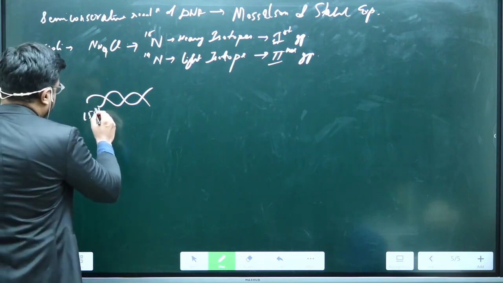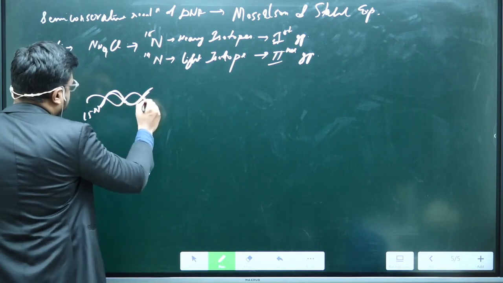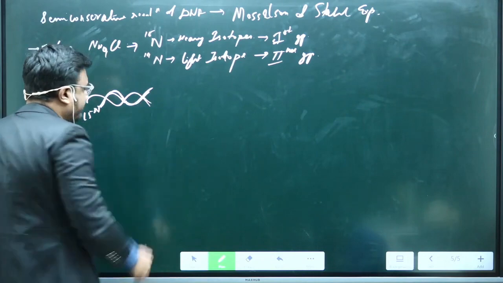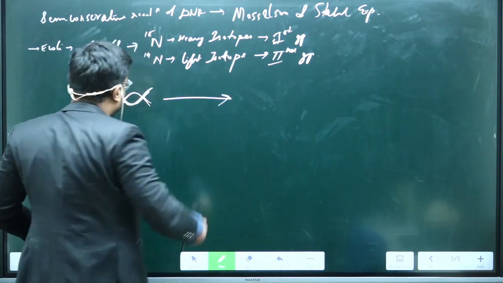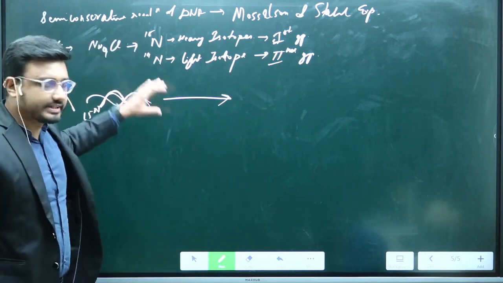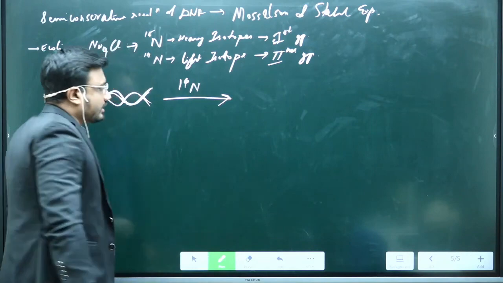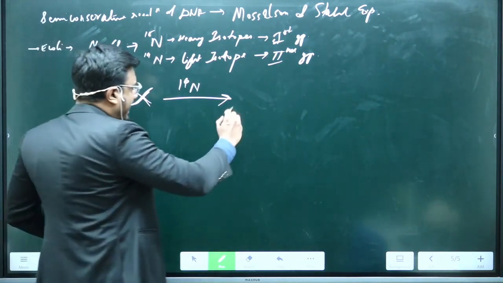Both strands of the E. coli DNA were incorporated with the heavy nitrogen, so they were heavy. This E. coli was then cultured on the 14N isotope of nitrogen, that is the light one.